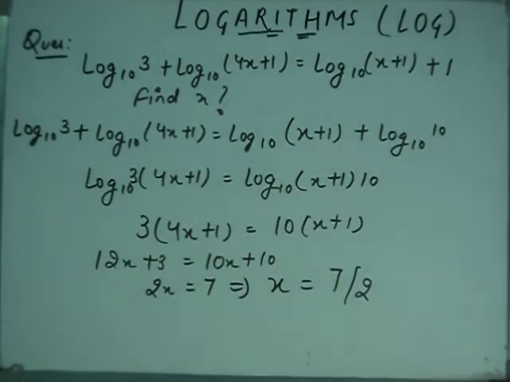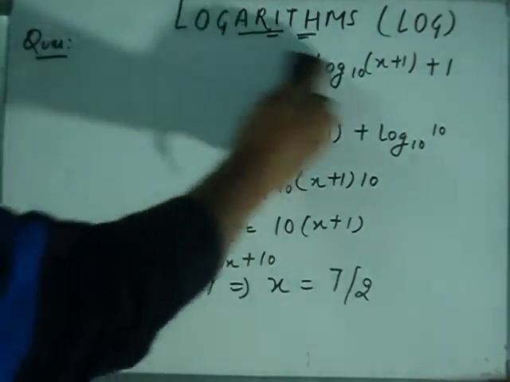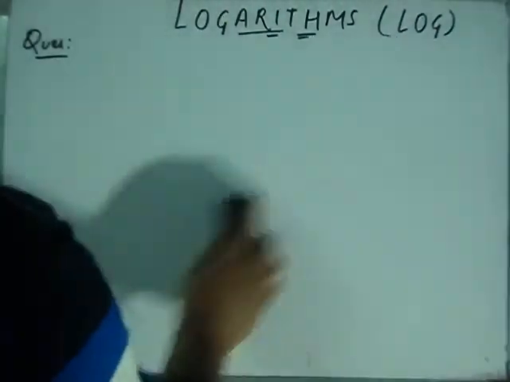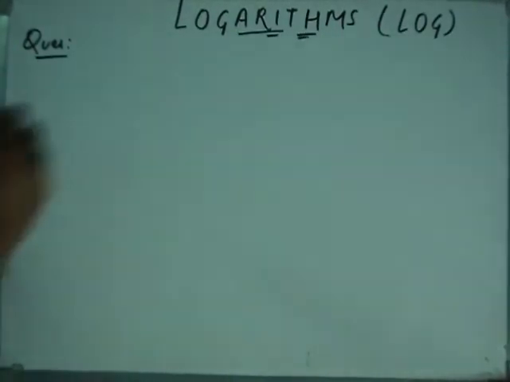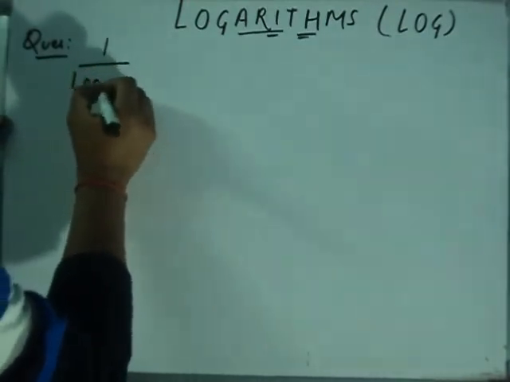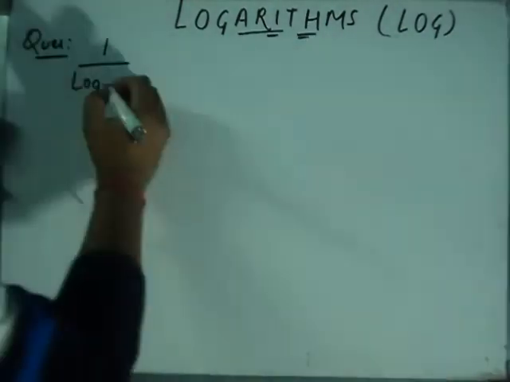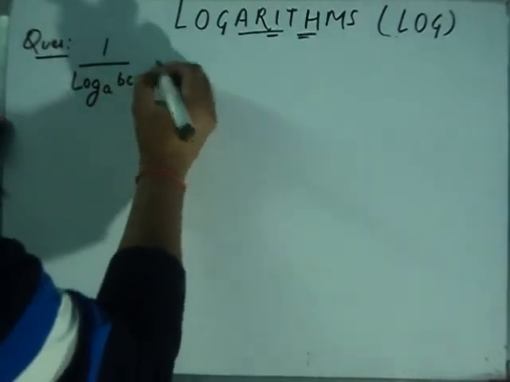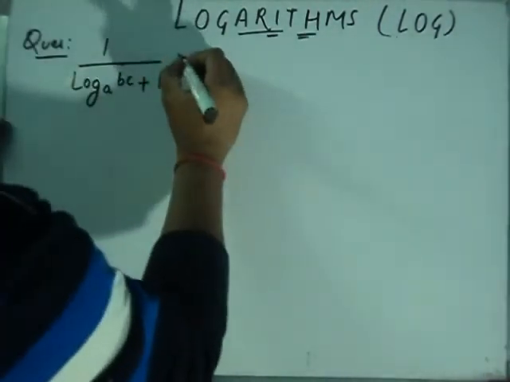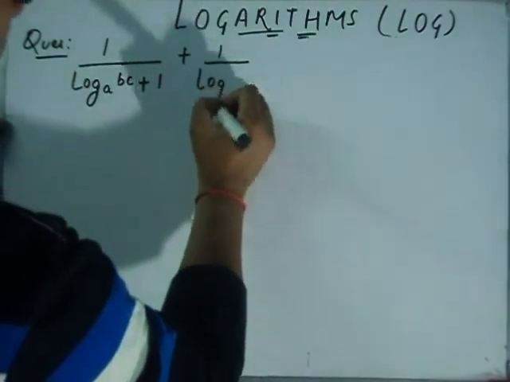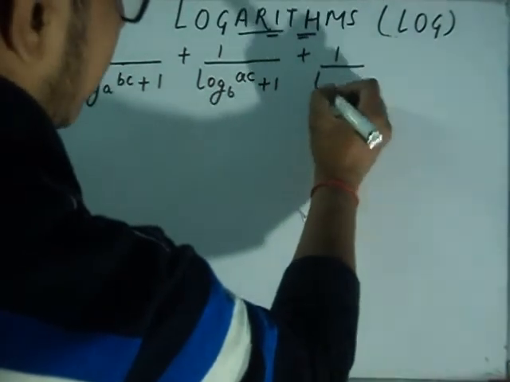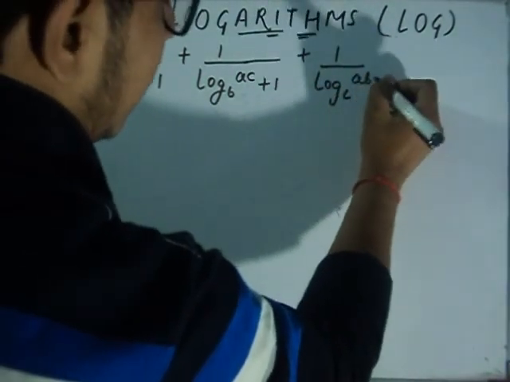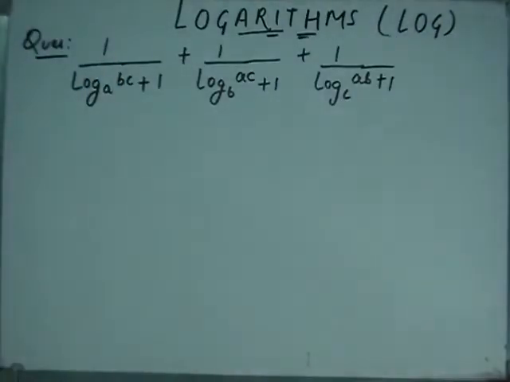So let's discuss one more numerical, one or two numericals. It is also an important question. Like, we are having log base a of (bc plus 1). Here a is base and bc is our upper value, and we are having here log base b of (ac plus 1), and we are having log base c of (ab plus 1). So how to solve it?